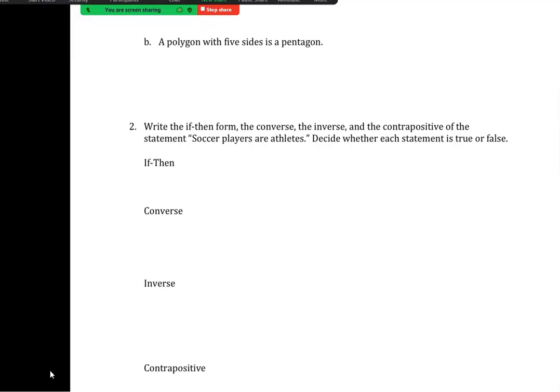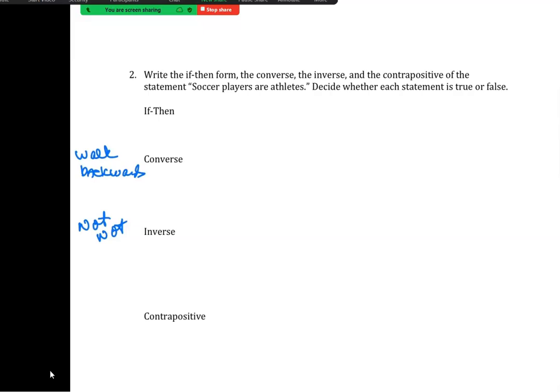So if-then is the conditional statement. Converse is walk backwards. The inverse is not. And the contrapositive, take the converse and not it.